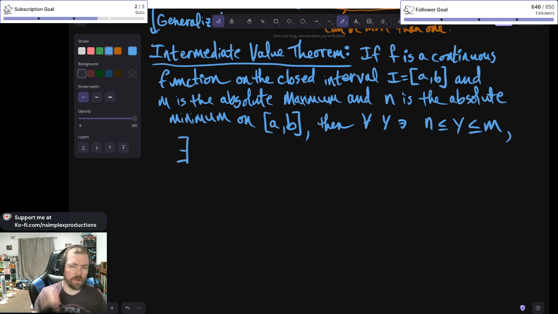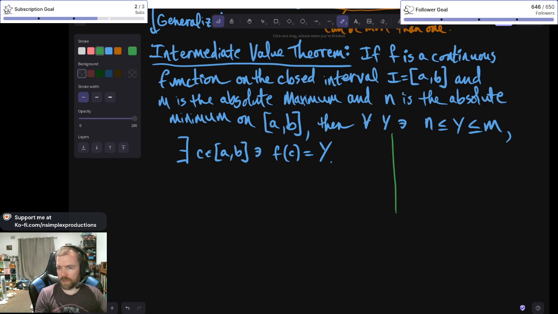Right, for all y values that exist on our particular function, there exists a c on said interval a to b such that f at c is equal to that particular y value that you just picked. If you can't see it, don't worry, we'll draw a picture.